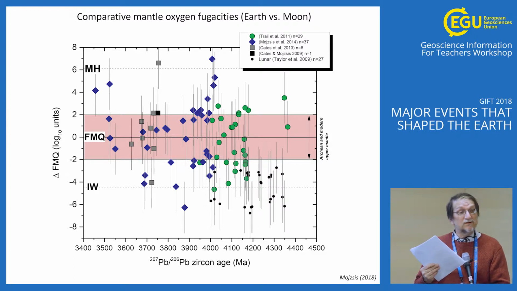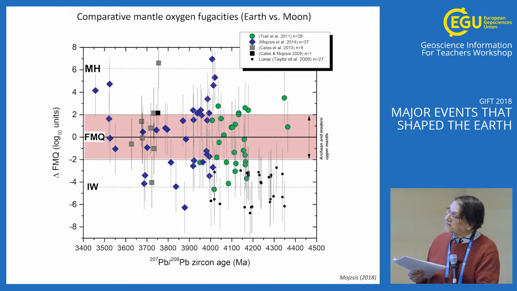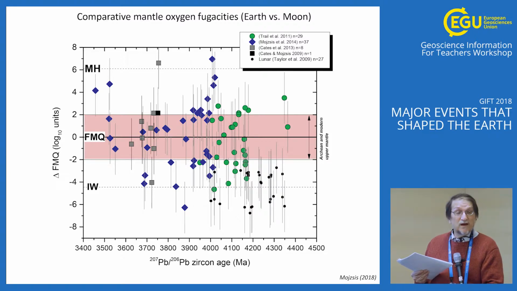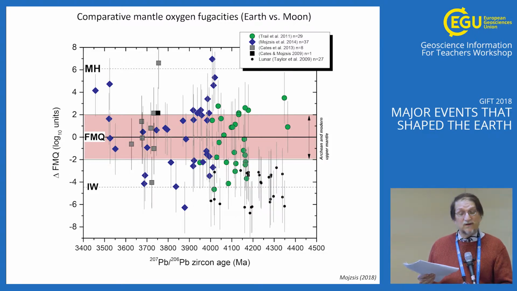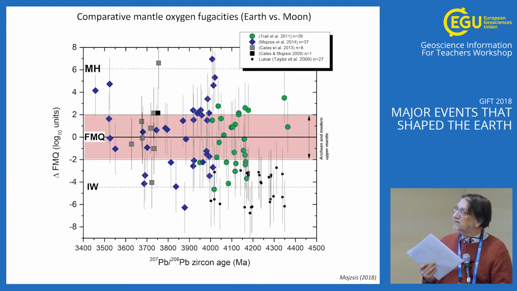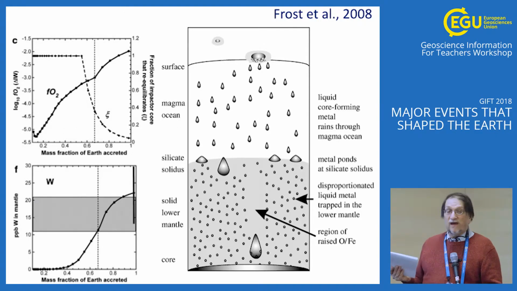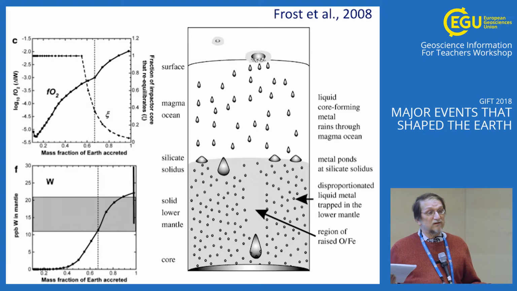The moon is far more reducing. The moon doesn't have the same capacity, even though the zircons, if you look at them, are about the same age. Something was going on with the moon that doesn't allow you to consider that. And so why is that? The moon doesn't have the same oxidizing capacity.